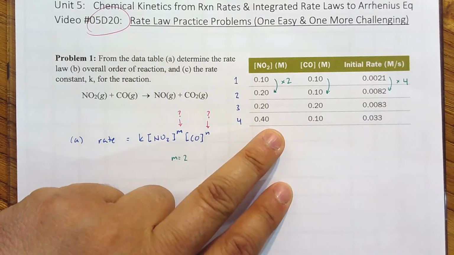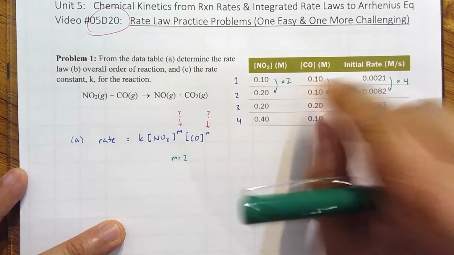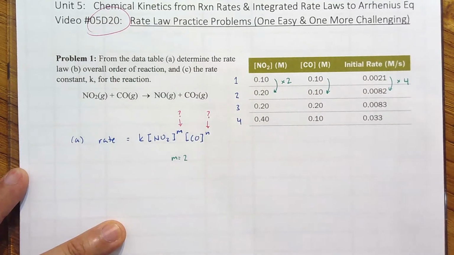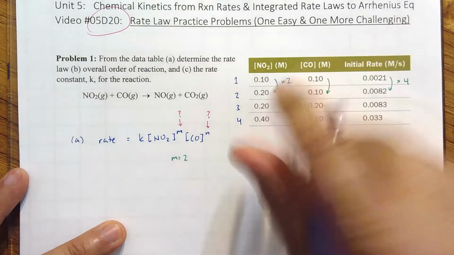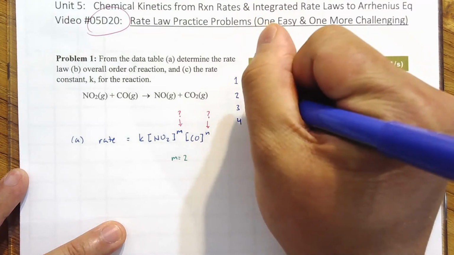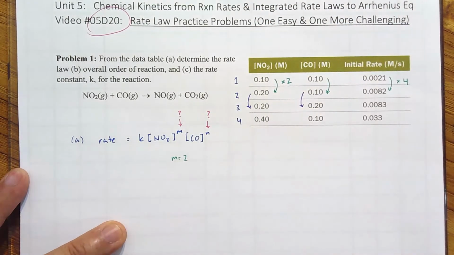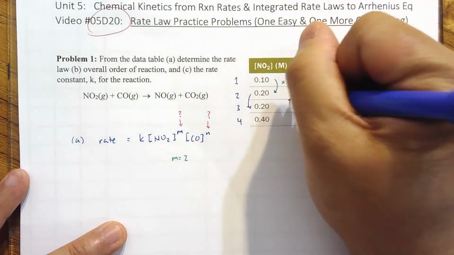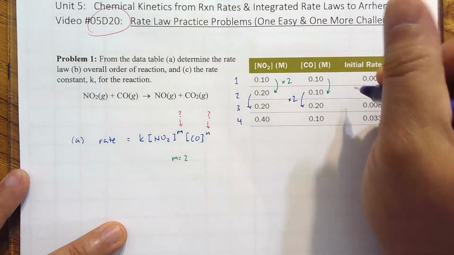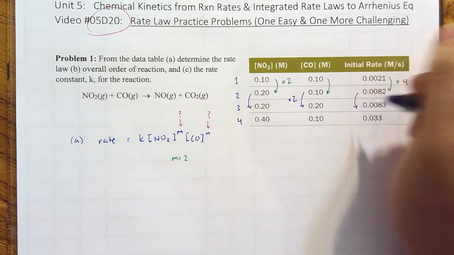For the concentration of carbon monoxide, you want to pick two trials where the NO2 stays constant, and that would be maybe these two. And I'll go to the other side like this. And here we have the concentration of CO double. So again, we put times 2. And then, look what happened here.